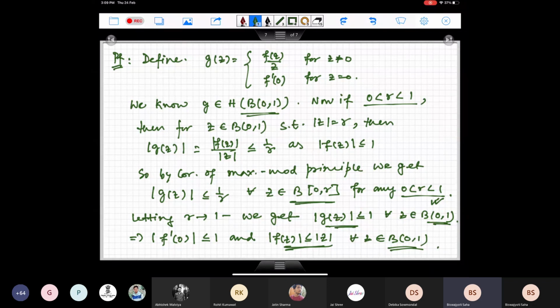If I get equality at least at one of the places, I am getting that mod of g(z) takes the value 1 either at the center or somewhere inside the disk, where I know 1 is the bound on the whole ball. And that means, as we have seen by the maximum modulus principle, the absolute maximum cannot be attained inside the ball unless my function is a constant function.